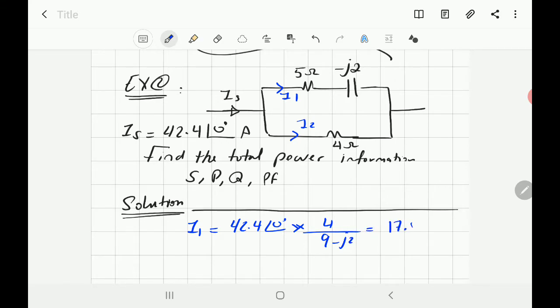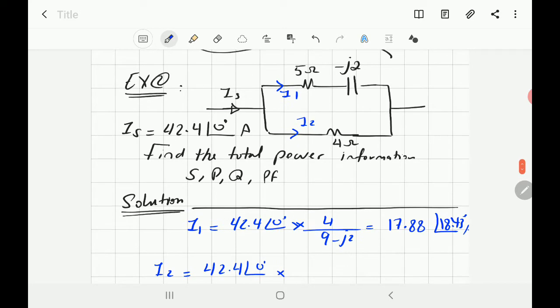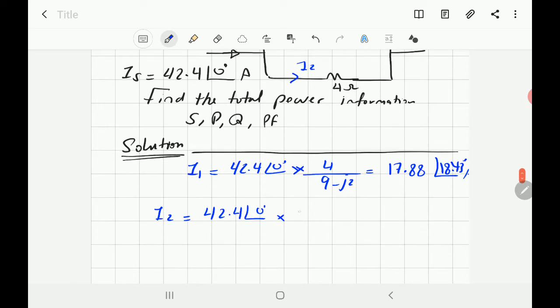It's equal to 17.88 angle 18.43 degree ampere. I2 will be calculated in the same way, equal to the source current 42.4 angle 0 times the opposite impedance, which is 5 minus j2, divided by the total, which is 9 minus j2.